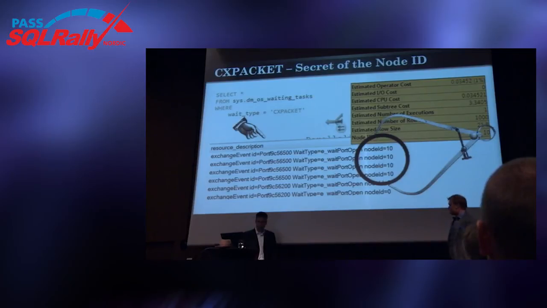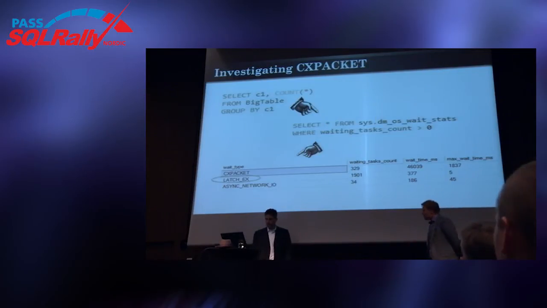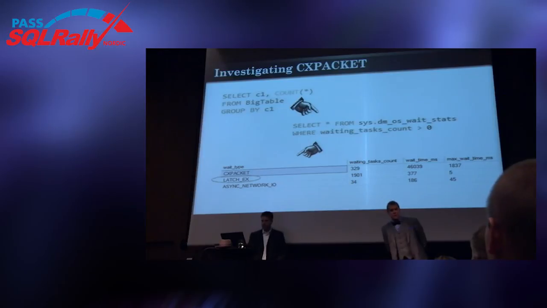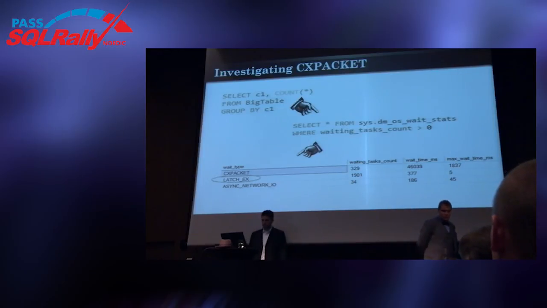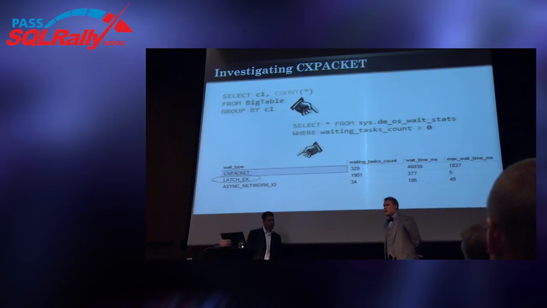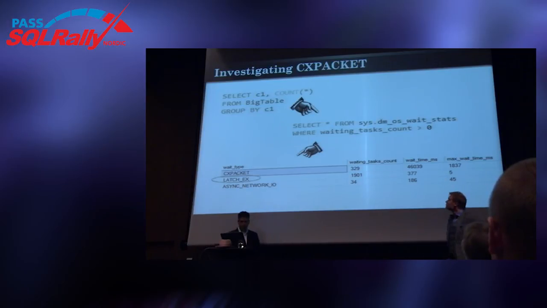Next. If you are curious about where the CX packets are coming from, not just from a perspective of where in the operators, but you want to understand where exactly inside the operators it's coming from and gain a deeper understanding of CX packet, it is often a good idea to look out for other wait types that correlate with CX packet.